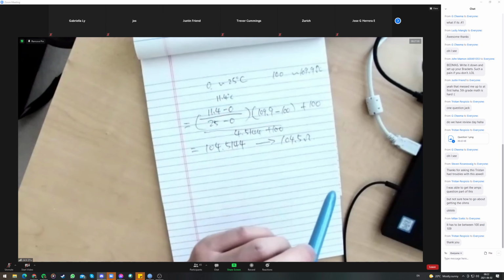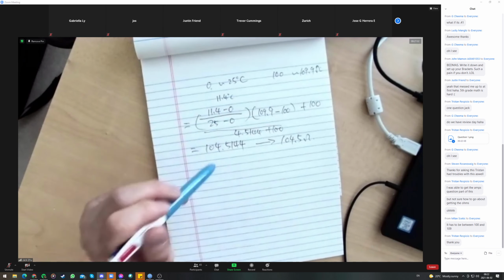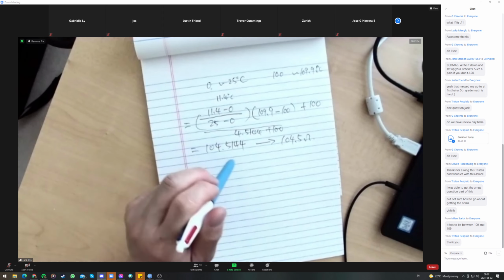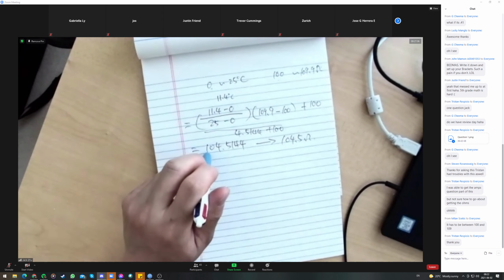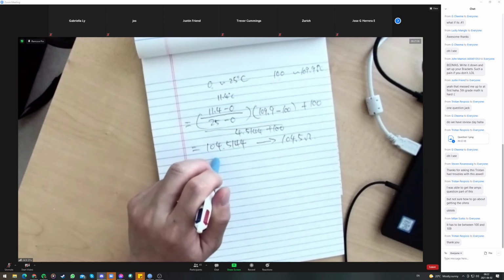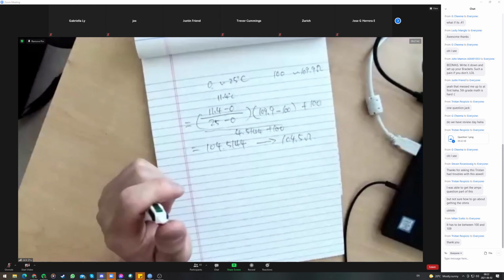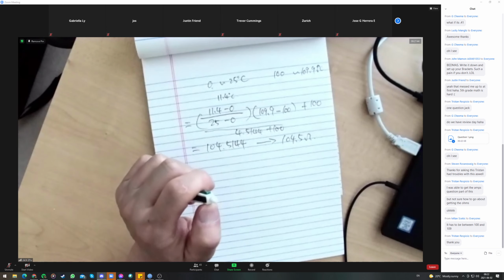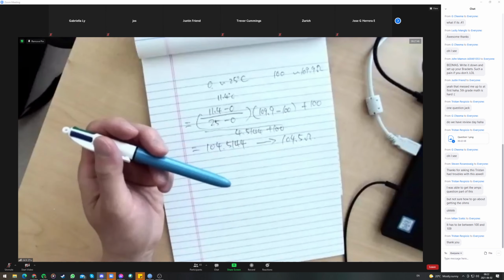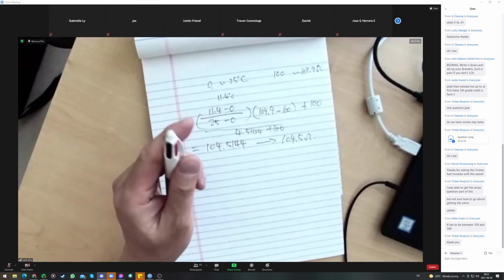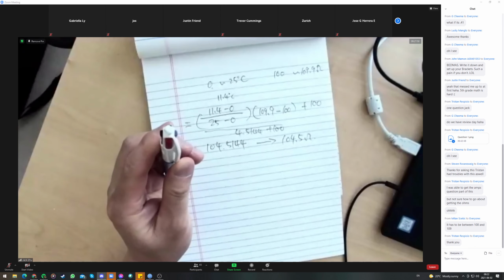You can pick anything and it will give you an answer, but the answer might not be as close as when I did the calculation between these two degrees. Yeah, it will work. You might calculate a number like 105 or 103, something like that.